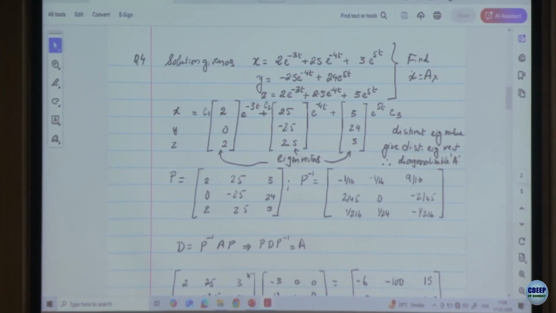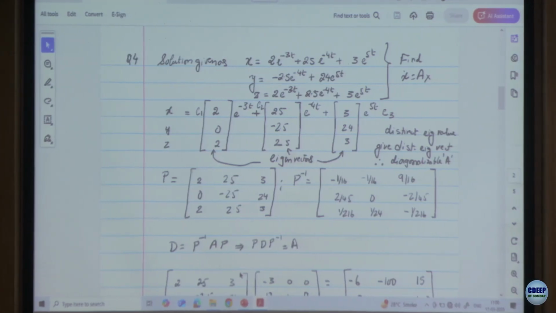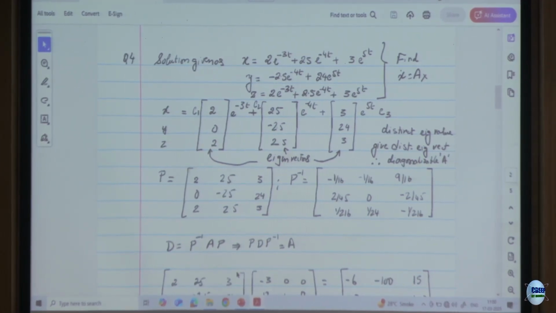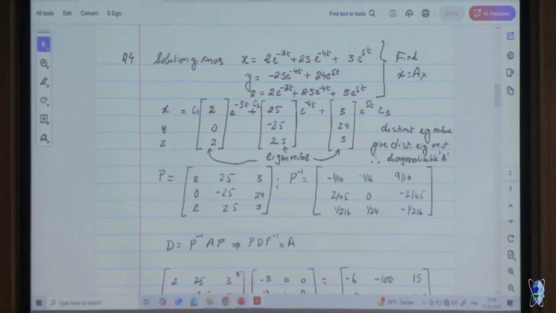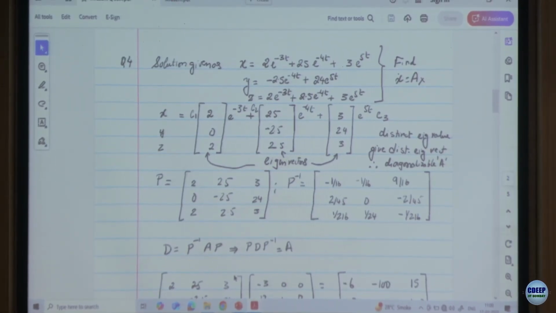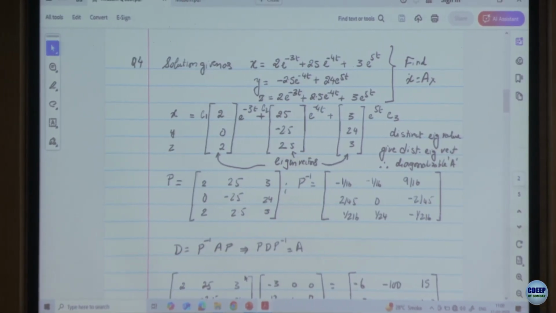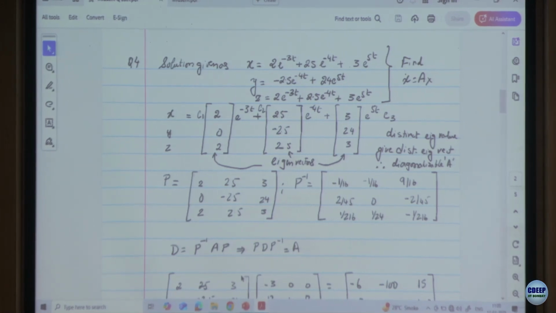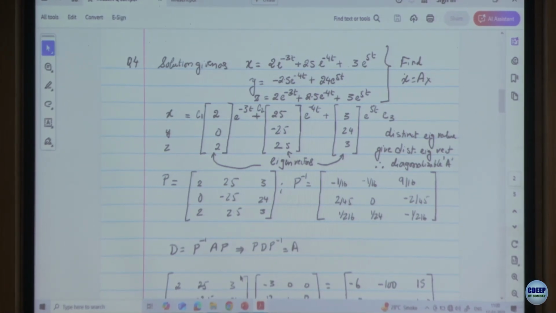It was framed to be a decently nice question, but it turned out to be a trivial question. Okay, so x, y, z were given, and we said you find out what x prime is in terms of x.